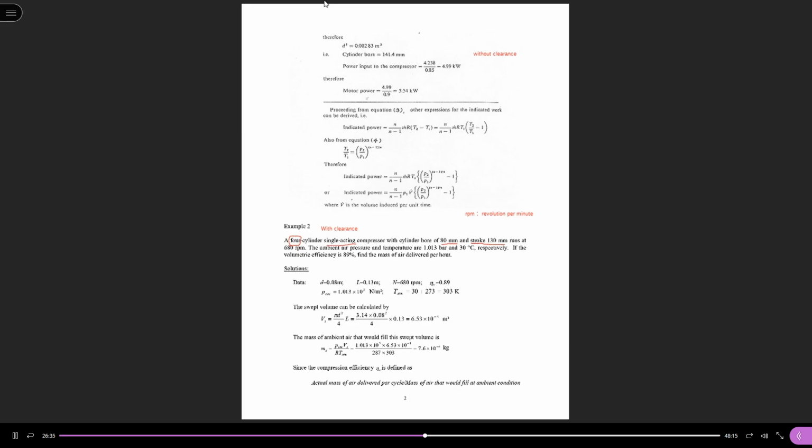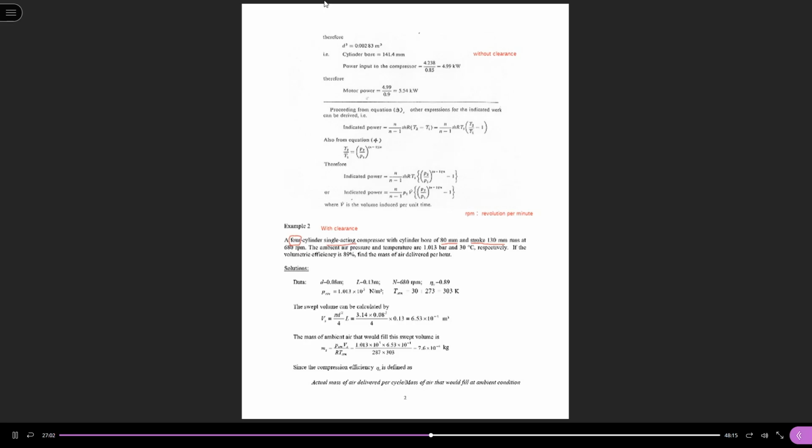And the ambient air pressure and temperature are 1 bar and 30 degrees, at a flow of cubic meter per second. If the volumetric efficiency is 89%, we are asked to find the mass delivered per hour.